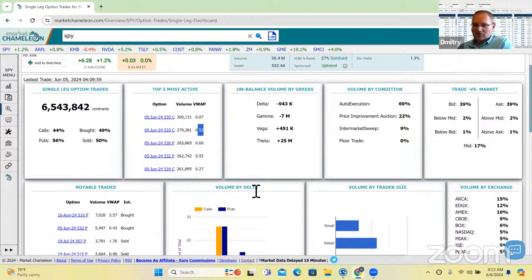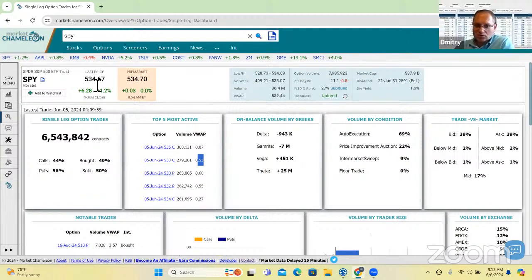These are the most actives, and they all look to be around the at-the-money prices. Yesterday we closed at 534, but it had a big range from 528 to 534. It was a pretty wide range of trading in SPY, and I think that's why we see strikes between 530 and 535.